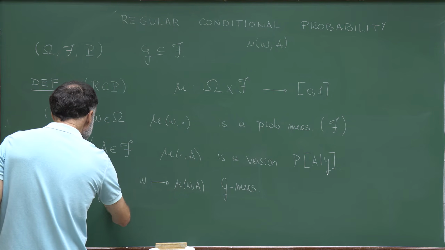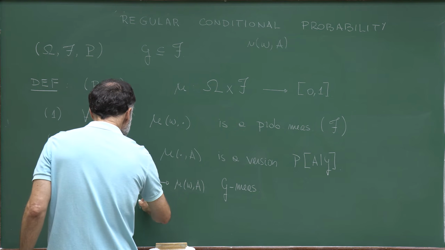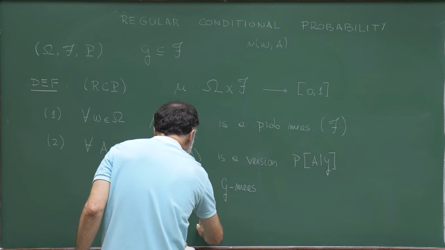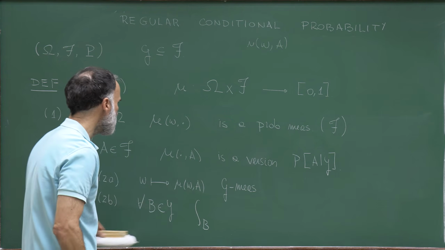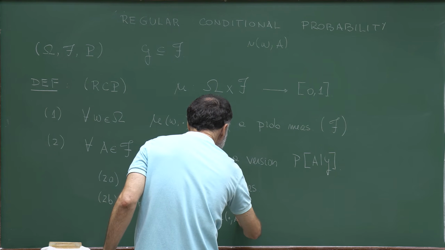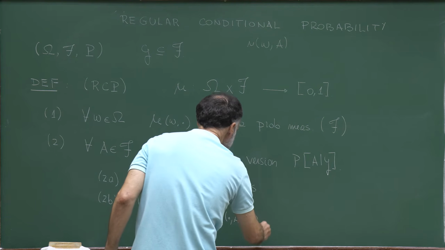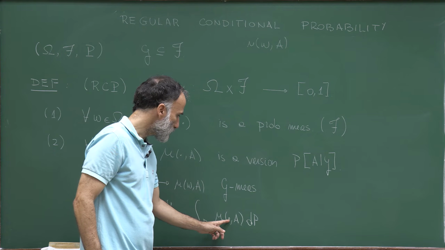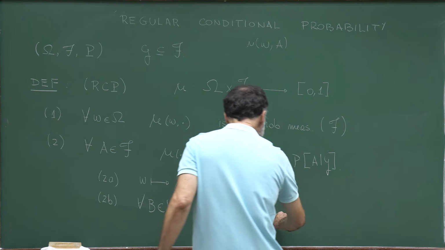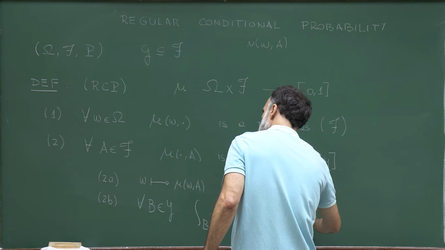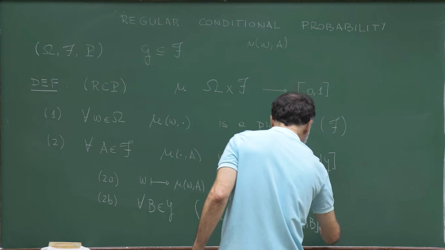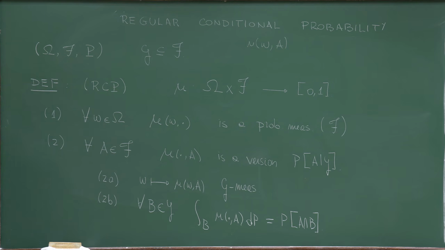And the second property is that for all sets B in G, if I integrate over the set B this function mu, which depends on omega, with respect to P, this is equal to P(A intersection B). And this holds for all B in G.